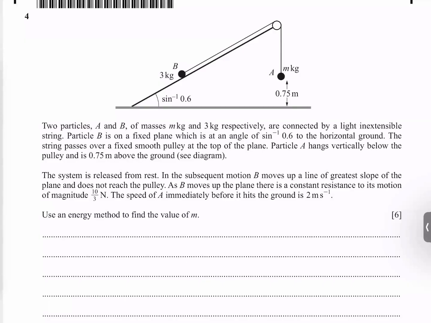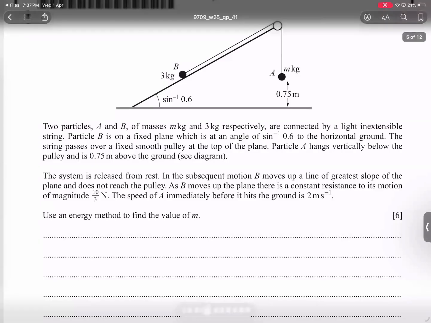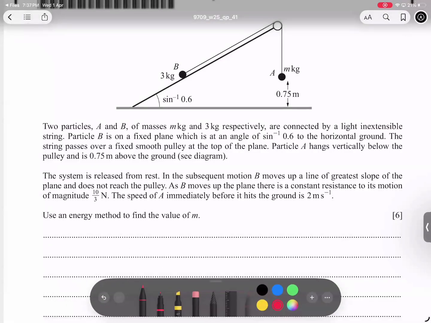Question number 4: we have two particles A and B, with masses m kilogram and 3 kilogram. Angle alpha is sine inverse 0.6, so sine alpha is 0.6.